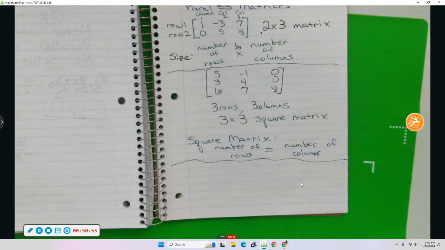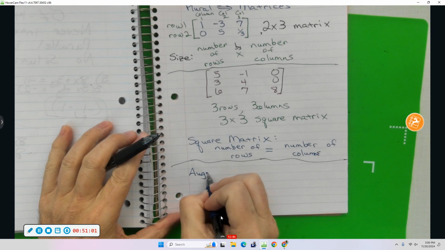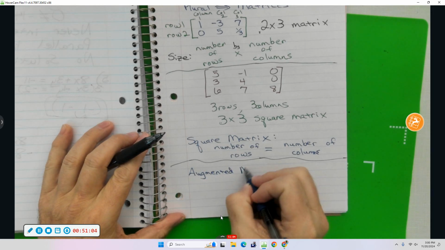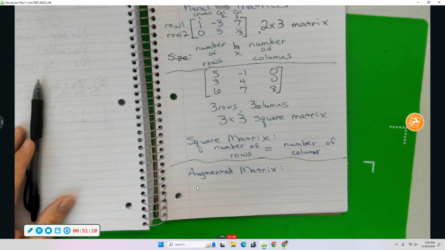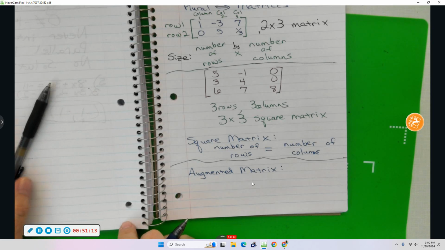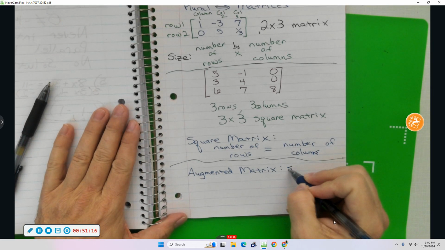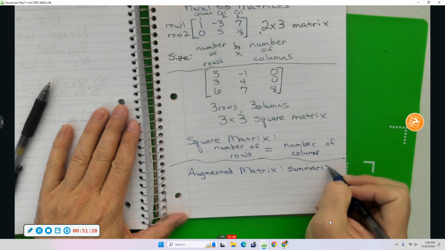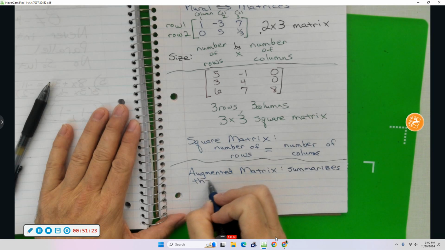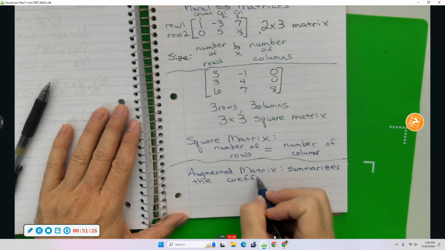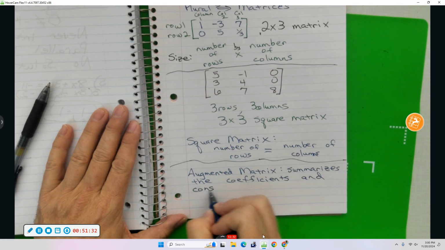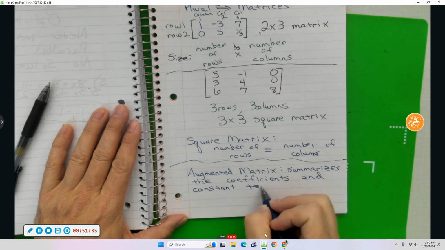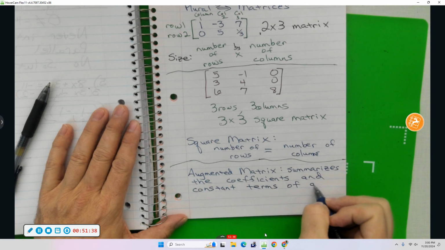An augmented matrix summarizes the coefficients and constant terms of a linear system of equations.